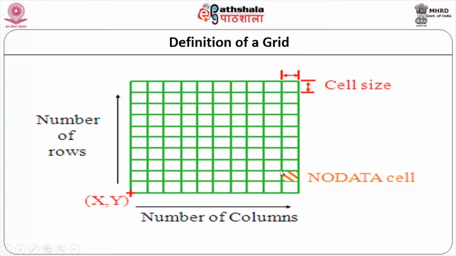And in many cases, as it is a rectangular object or a square grid, it is always possible to have no data cells, because the entire grid is not covered by a non-regular surface, isn't it? If it were a square or a rectangular object, then it will cover the entire grid, otherwise it will not cover the entire grid. Hence, we will have no data cells also in a grid.